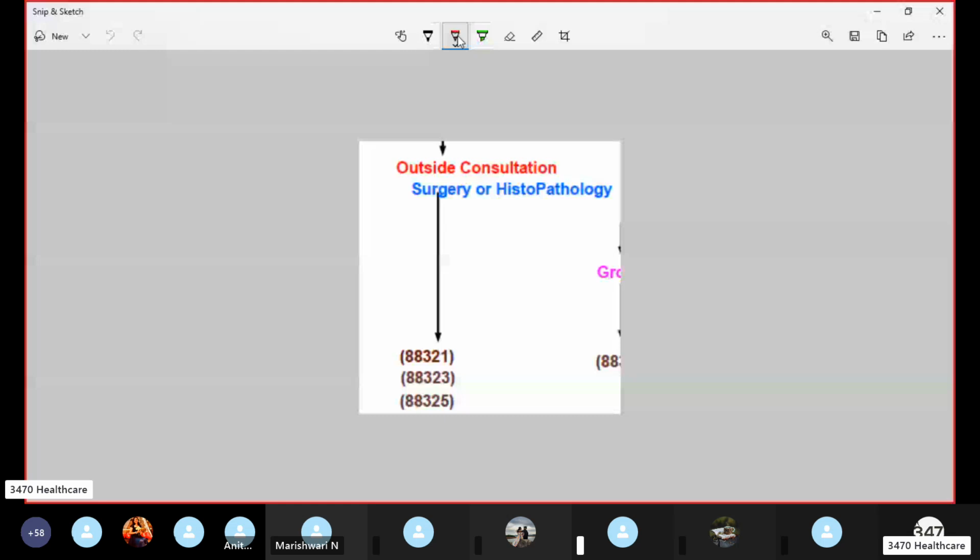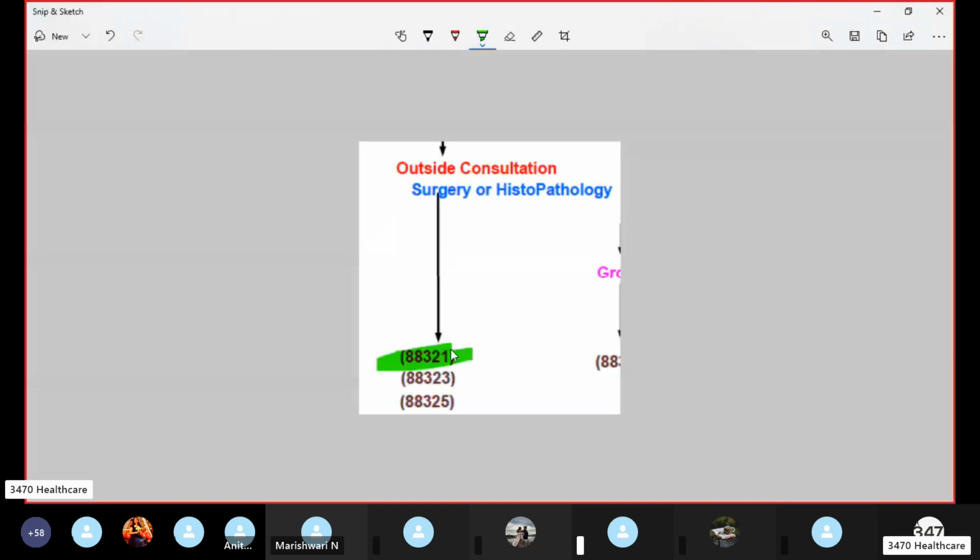So 88321 is for the sample received from outside, with the slide already prepared. The specimen is received with the slide already prepared, and the pathologist does the consultation on that material. It is 88321, slide prepared elsewhere.